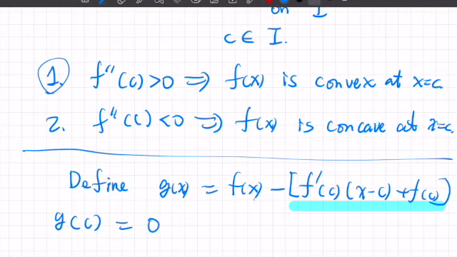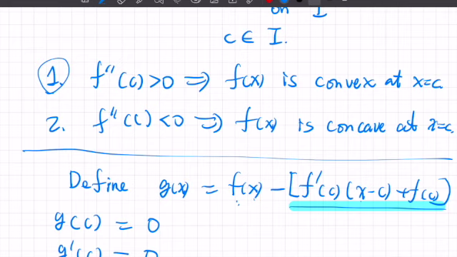And also this g is differentiable, of course, and if you differentiate it and put x equal to c, then we have f prime of c, and this is a constant, so it will be gone, and this will be 1, f of c, so this is 0. And g of x is also twice differentiable because f of x is twice differentiable, and this is a linear function, which is of course twice differentiable.